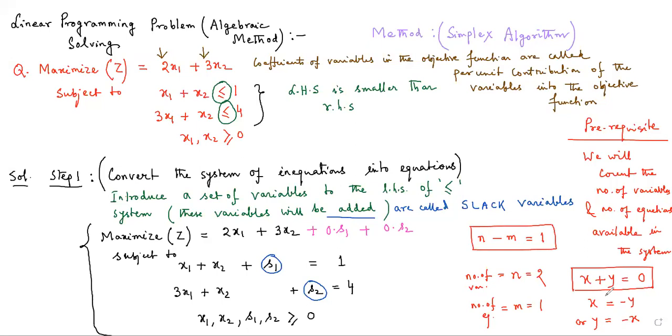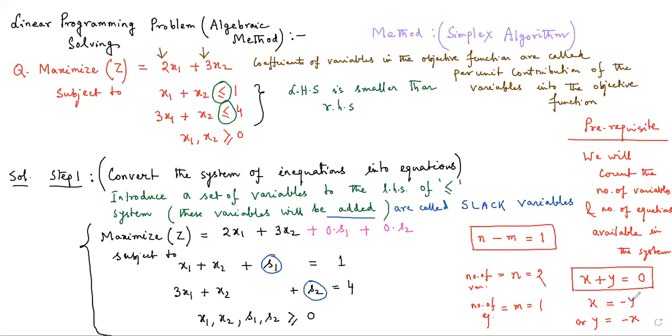What do you mean by that? Whenever we write x equal to minus y, that means x is dependent on y. So whatever value you substitute for y, x will be the negative of that. If you substitute y equal to half, then x equals minus half, so minus half comma half is a solution to the given system.